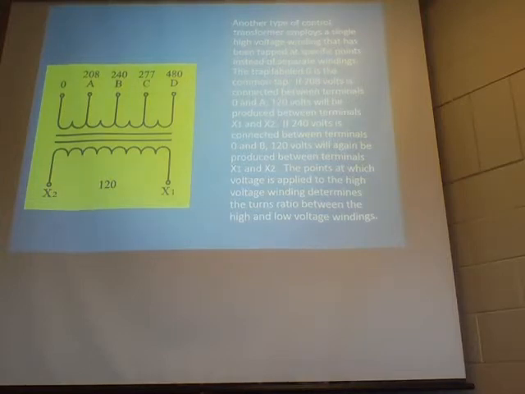If 240 volts is connected between 0 and B, then you'll have 120 volts, again produced at X1 and X2. The points at which voltage is applied to the high voltage winding determine the turns ratio between high and low voltage windings. So you can use one transformer for multiple primary voltages.